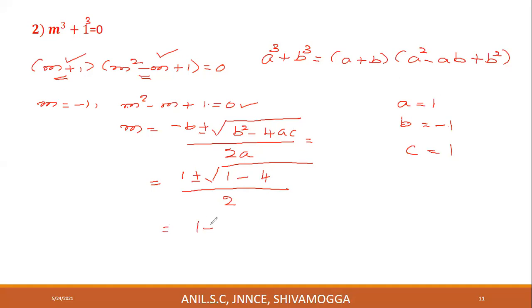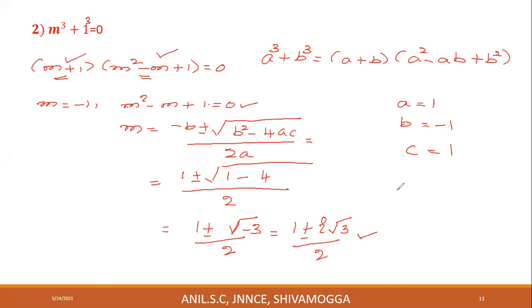Therefore, this is equal to 1 plus or minus square root of minus 3 divided by 2. Or this can be written as 1 plus or minus, how to write square root of minus 3? Square root of minus 1 is imaginary, it is denoted by i, right? Square root of minus 3 is i into root 3, all divided by 2. This is what we require.